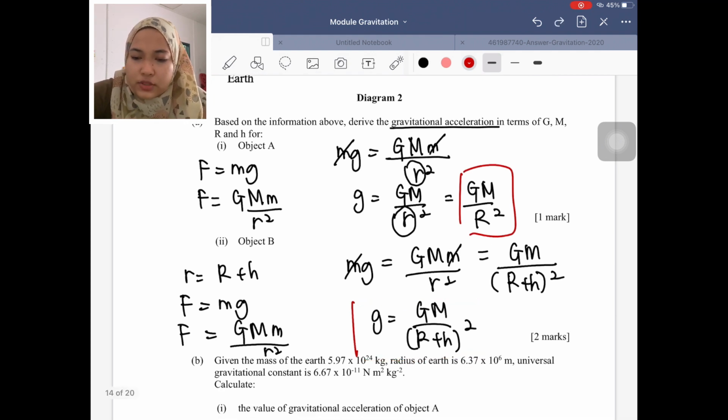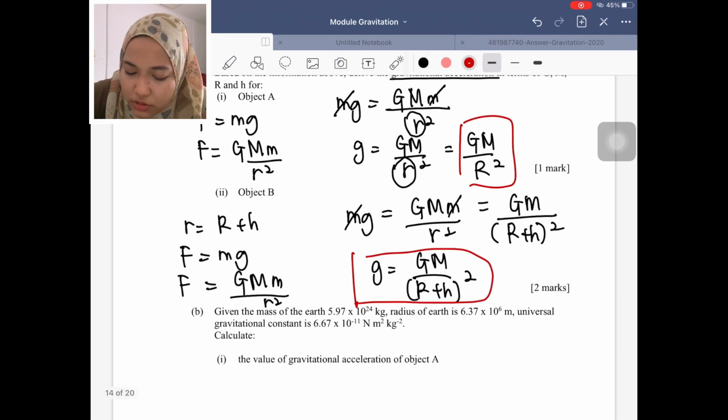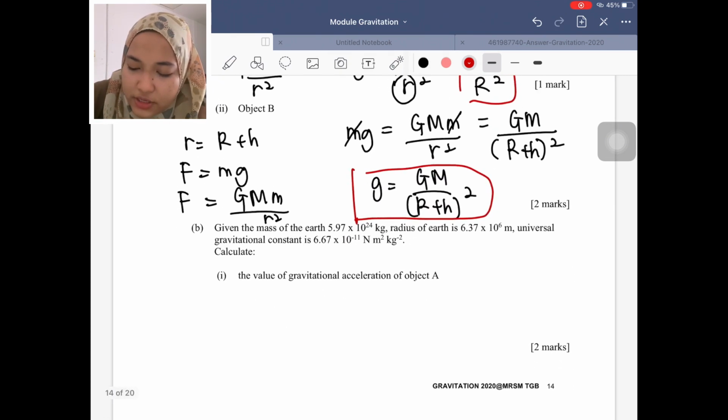Alright. So next kita akan tengok question B. So given the mass of the earth is 5.97 times 10 to the power of 24 kilogram, radius of the earth is 6.37 times 10 to the power of 6 meter, universal gravitation constant is 6.67 times 10 to the power of negative 11 Newton meter squared per kilogram squared.